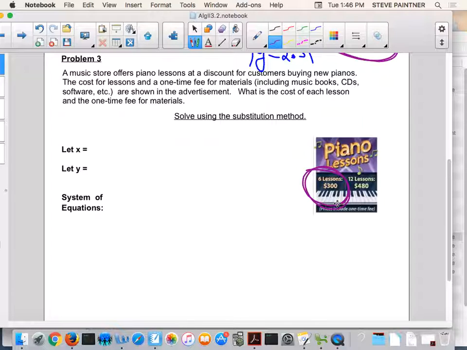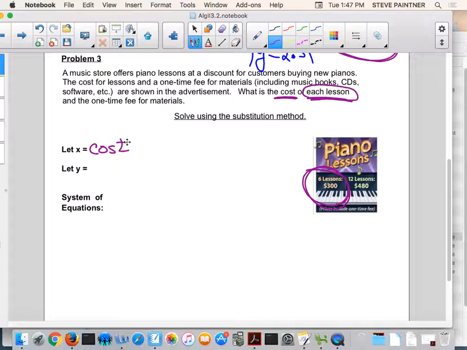All right. Here comes the question, and when the question comes, you have to say that's x, that's y. So here it comes. What do they want to know? Cost. What is the cost? So X is the cost, so is Y, of what? Each lesson. Oh, you want the cost of each lesson? I'll write that down here.